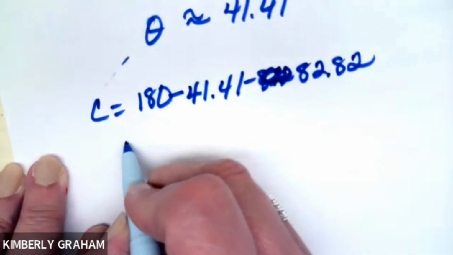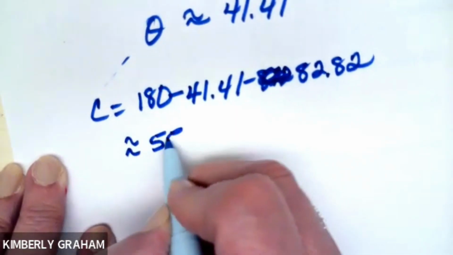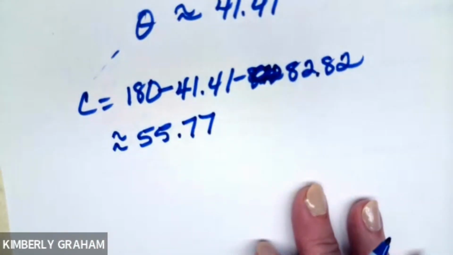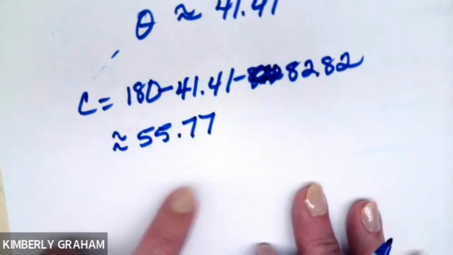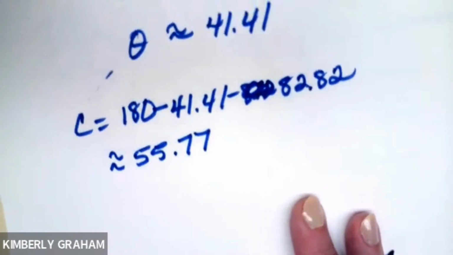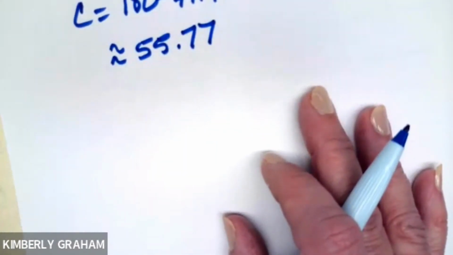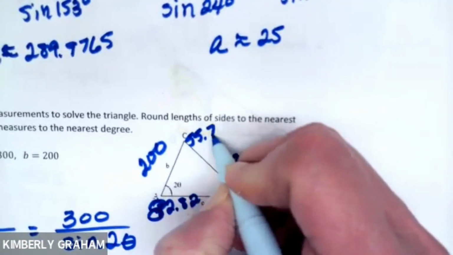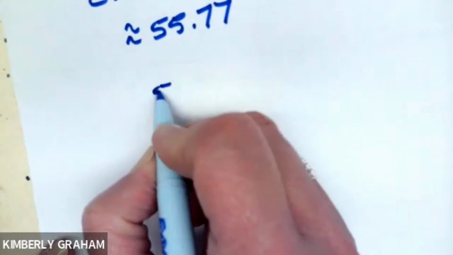So angle C would be approximately 55.77. Again, I don't want to round yet until I get to my final answer. I need to use this unrounded number here when I set up my proportion to figure out side C. Right? So this is angle C of 55.77.